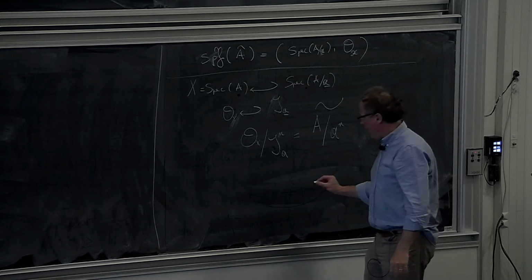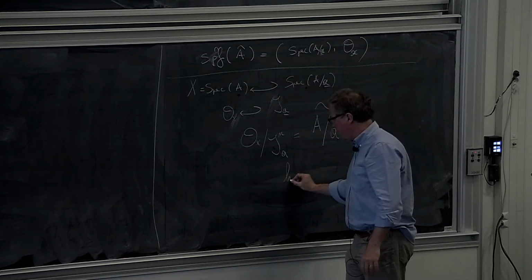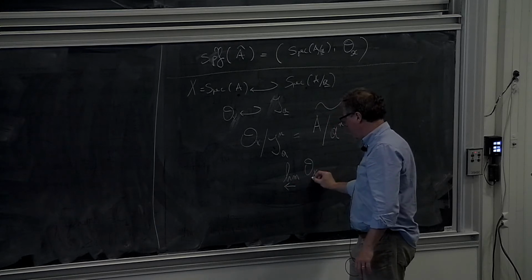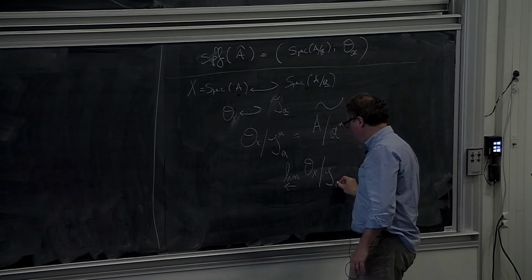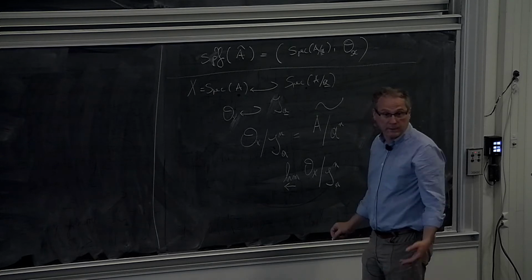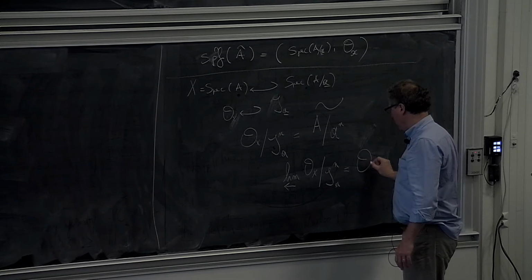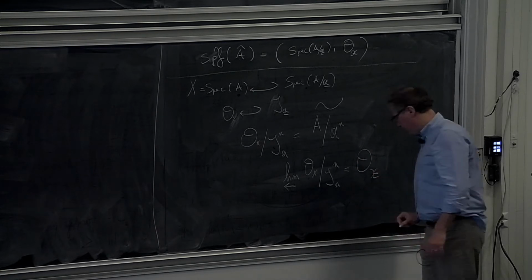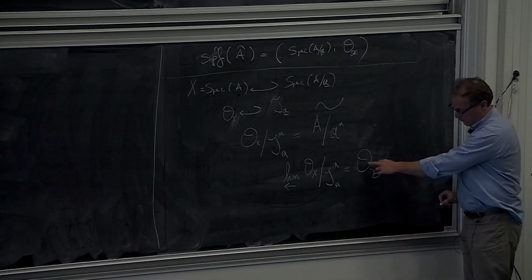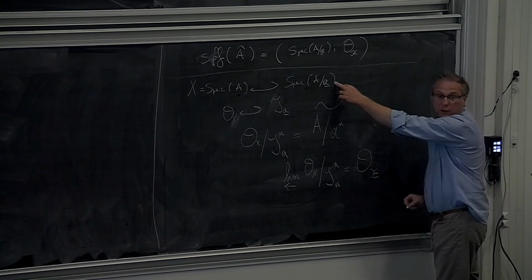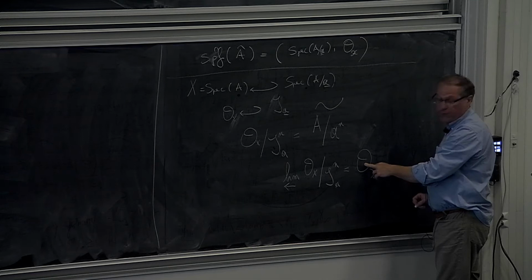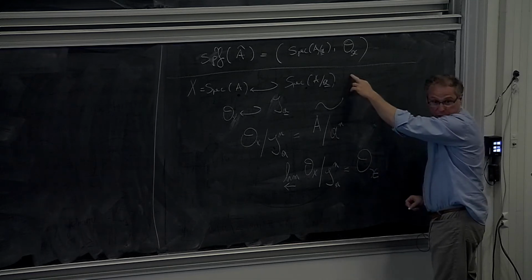And now I can look at the limit of OX divided by EA to the power n, which is another sheaf, which I will call OX hat, like this. Now this is a sheaf over this topological space, and it's a sheaf of rings over this topological space.